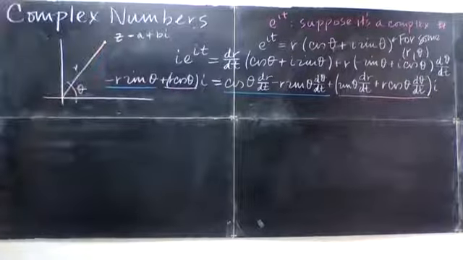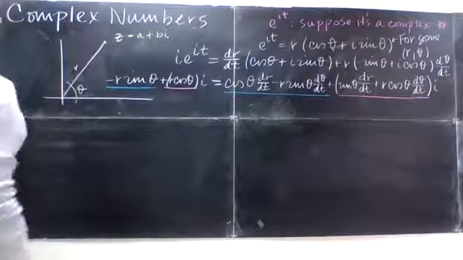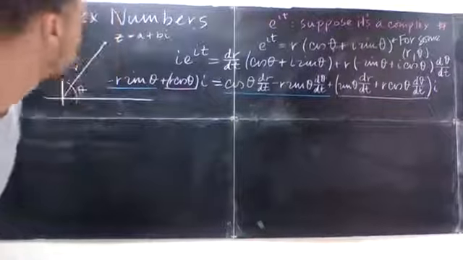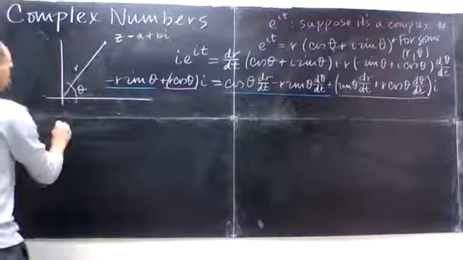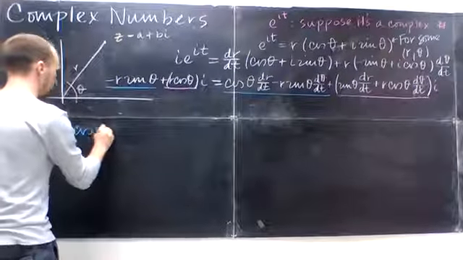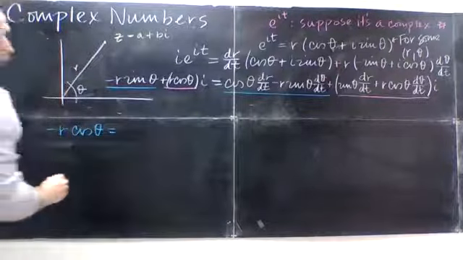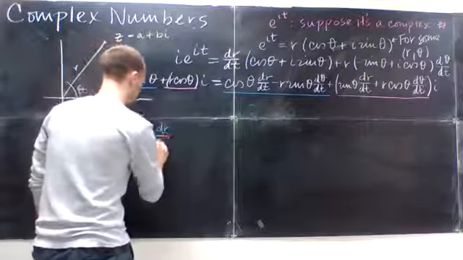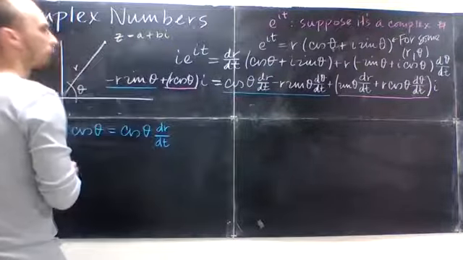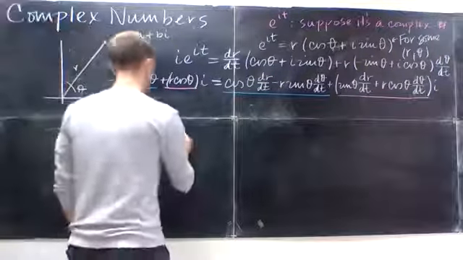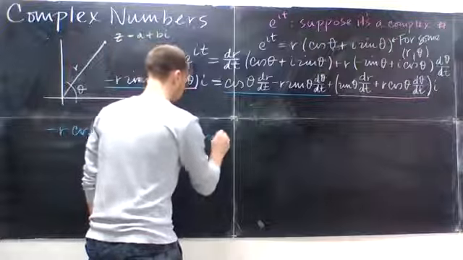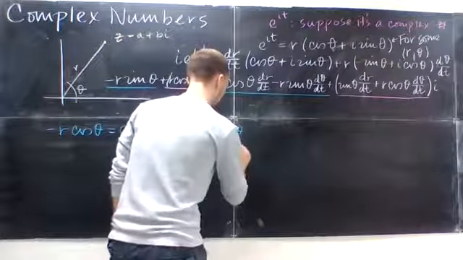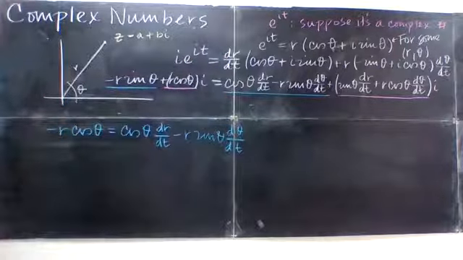All right, so I've got, maybe I'll go over here and actually continue working in blue and pink, so you see what I'm saying. Negative r cosine theta is equal to cosine theta dr dt minus r sine theta d theta dt. Okay.